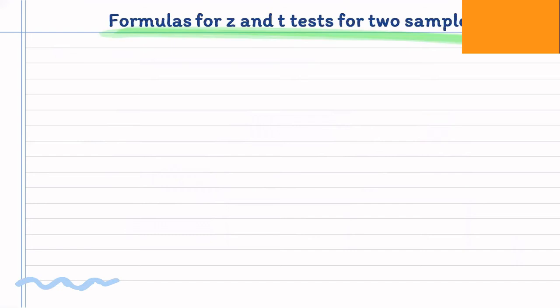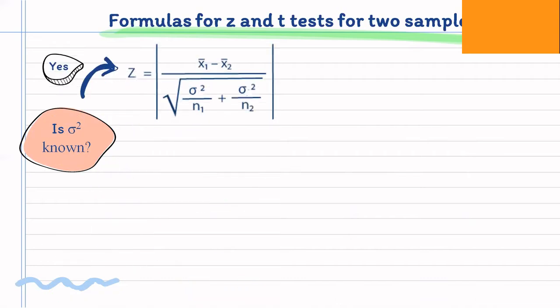Now let's go over the formulas for z and t tests for two samples. First, you have to identify if the variance is known. If the variance is known, we use this formula.